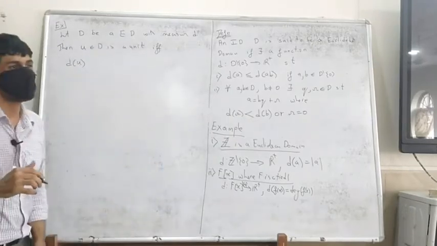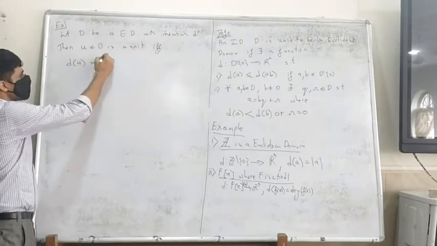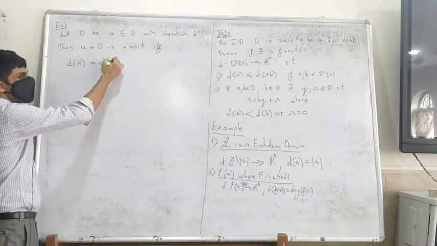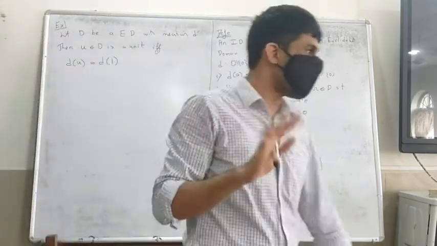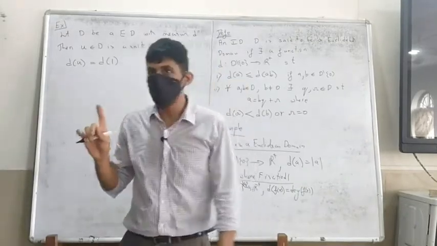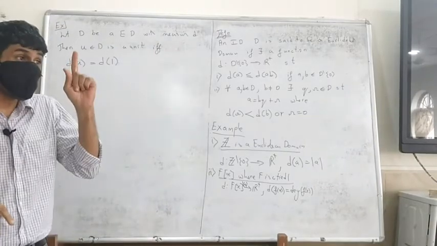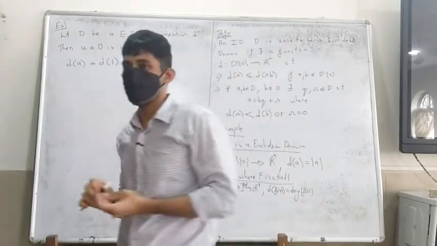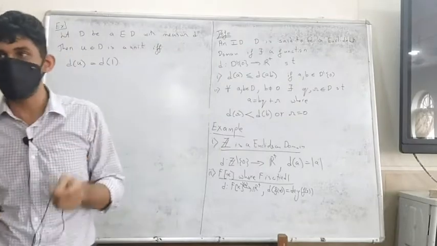Okay, so this happens if and only if d(u), the measure of u, is the same as the measure of 1. What happens is, for sure, using this property, you know that the unity element is going to be of least degree. Why? Why is the unity of least degree?